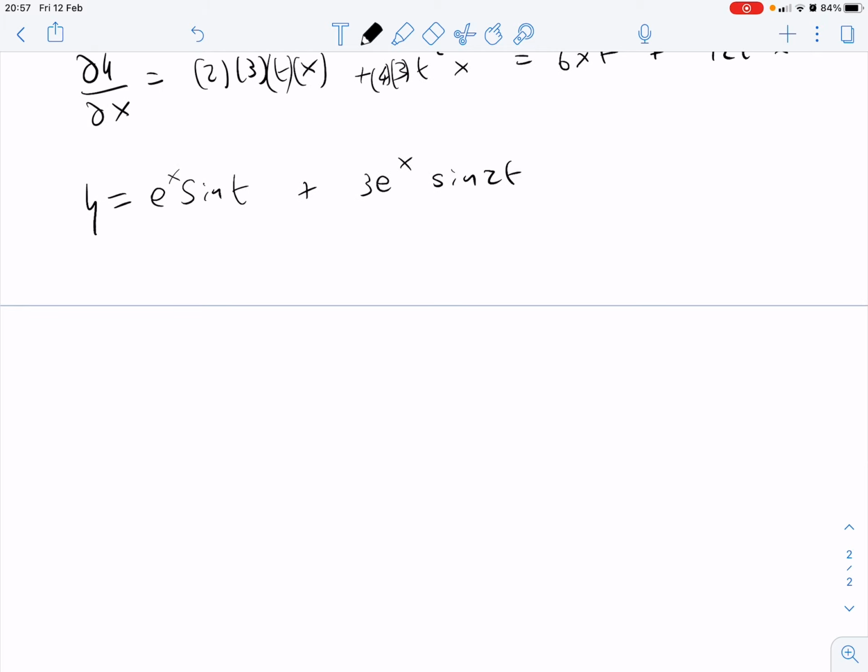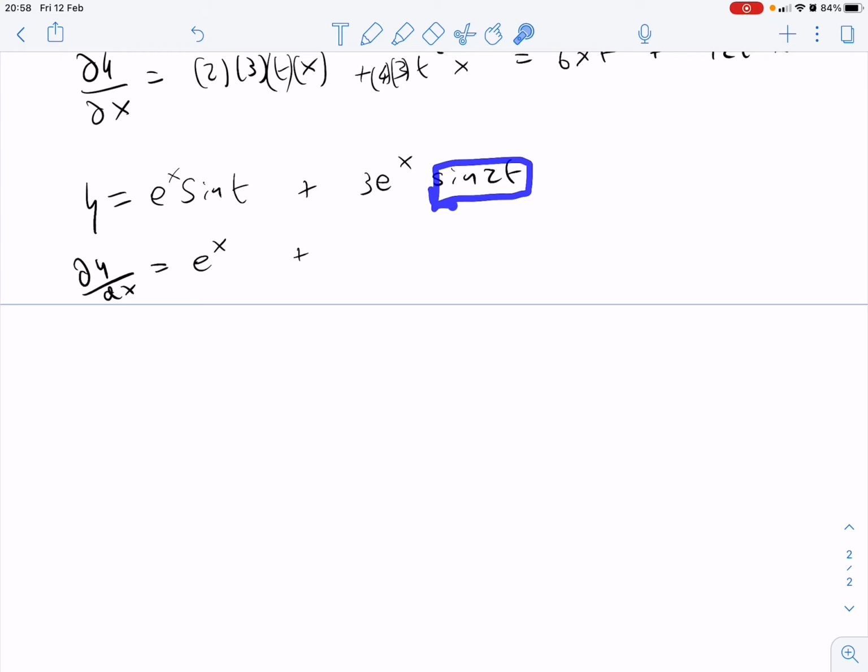So now, partial y over partial x. Remember, we're differentiating with respect to x, which means the sine t we treat as a constant term, like just a number without any variable attached to it. So we get e to the x there, plus we ignore the sine 2t because we're treating that as a constant.